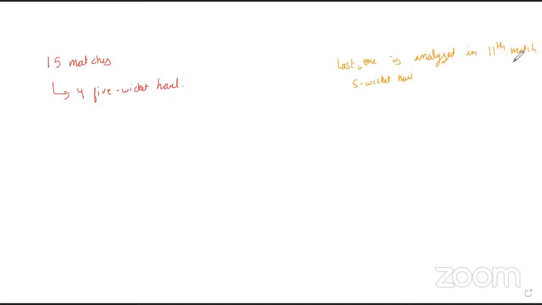What does this mean? The 11th match should be his 4th 5 wicket haul match. It means 3 5 wicket hauls have already been analyzed before the 11th match. Yeah, in the first 10 matches analysis, I must have covered 3 of his 5 wicket haul matches, right?